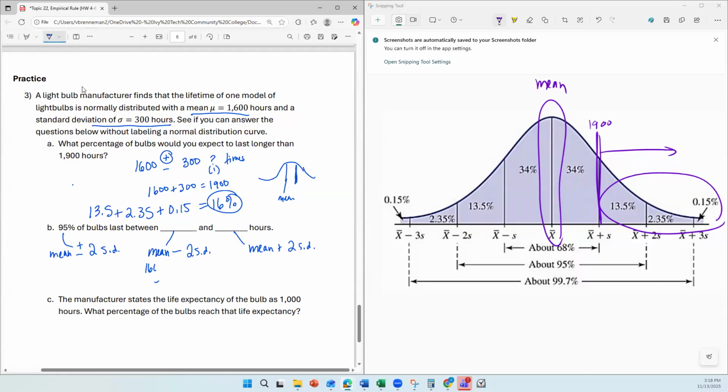So 1600 minus 2 times 300, or 1600 minus 300 minus 300 again, is 1000. And 1600 plus 2 times 300, or 1600 plus 300 plus 300 again, is 2200.